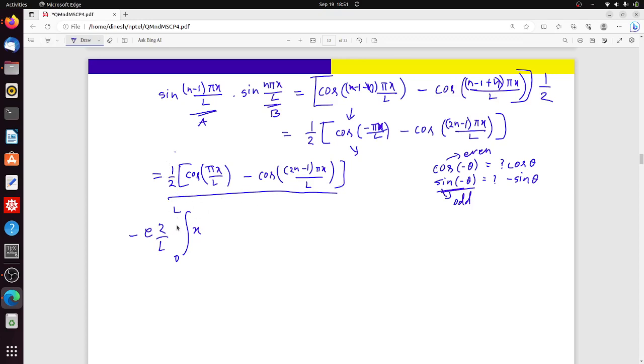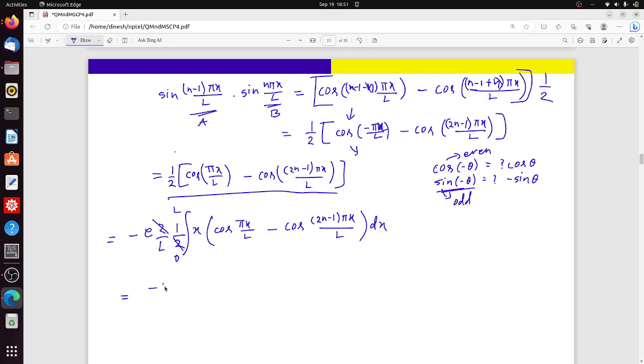So half I can take out, then I can write this term cos pi x over L minus cos (2n minus 1) pi x over L dx, right? So this 2 cancels.